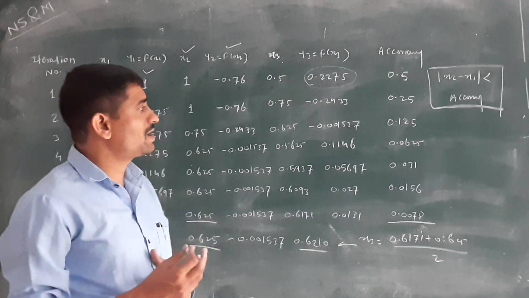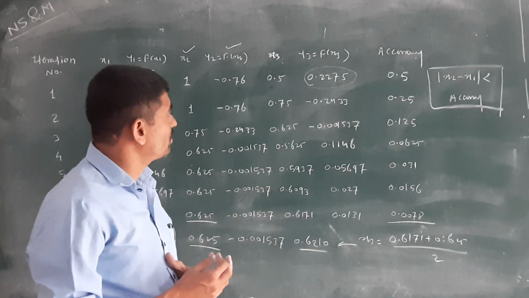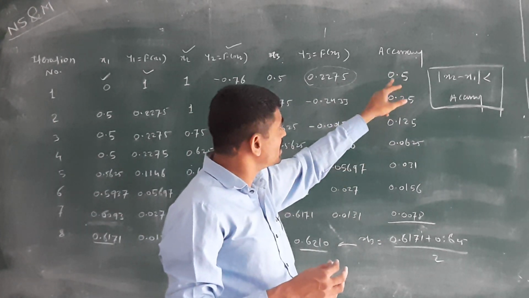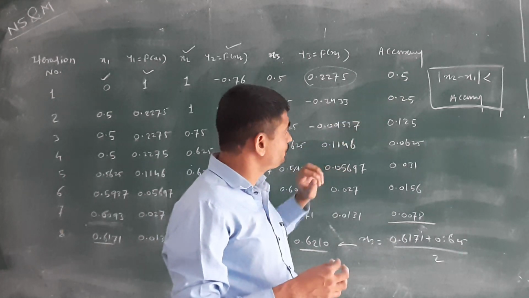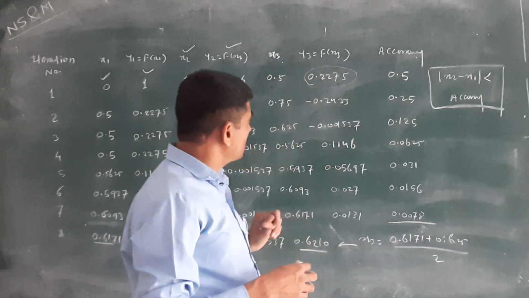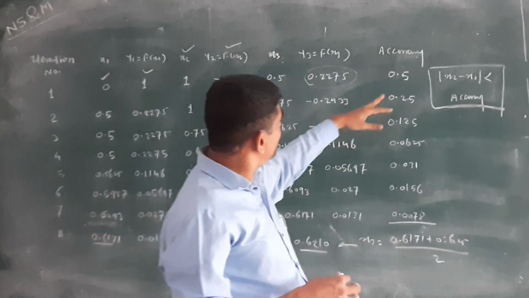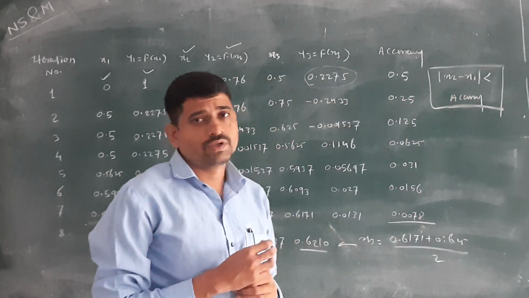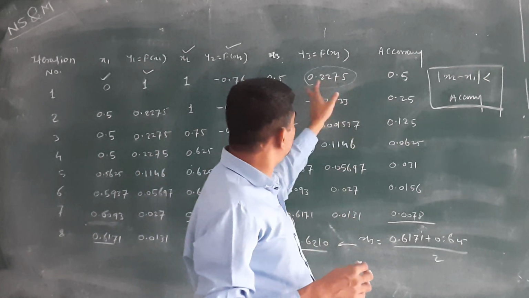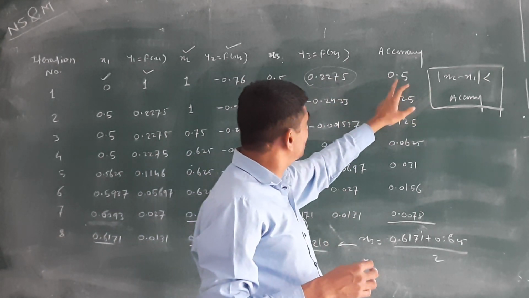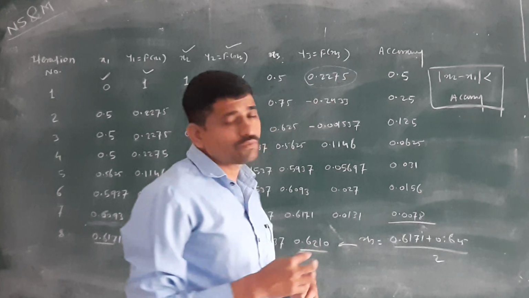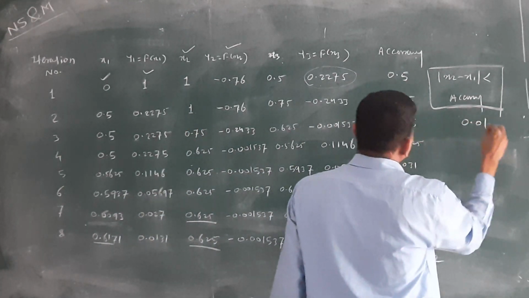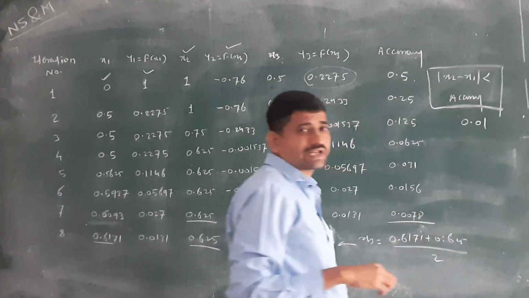We replace that value with x3. Then, in the last step, step number 5, we check whether the mod of x2 minus x1 is less than the accuracy or not. When you put this value in that equation, we get the accuracy 0.5. But the required accuracy is 0.01. That's why this condition is not satisfied.